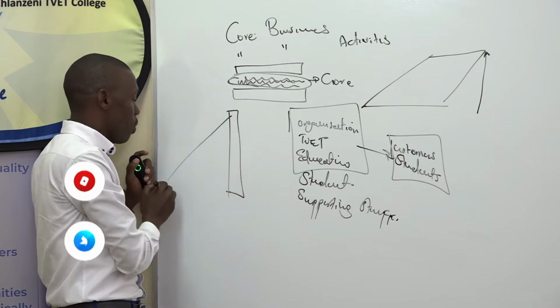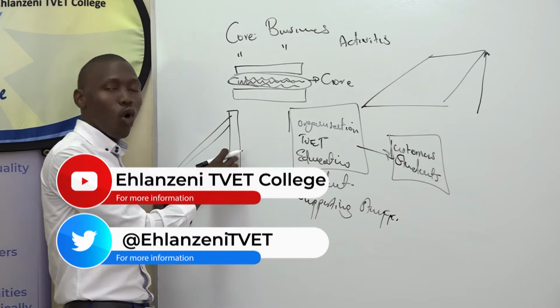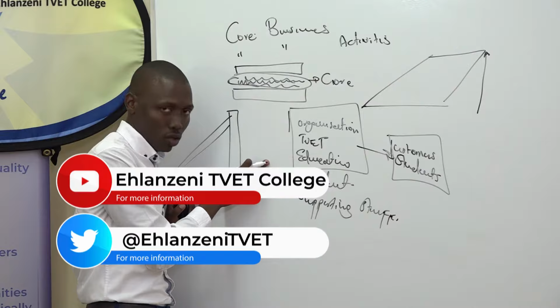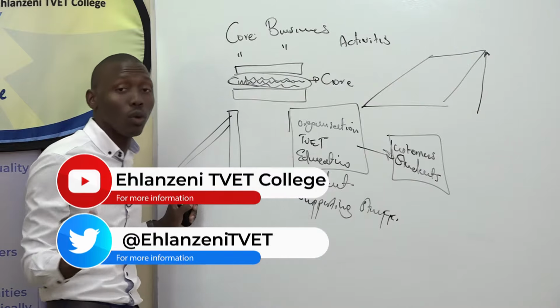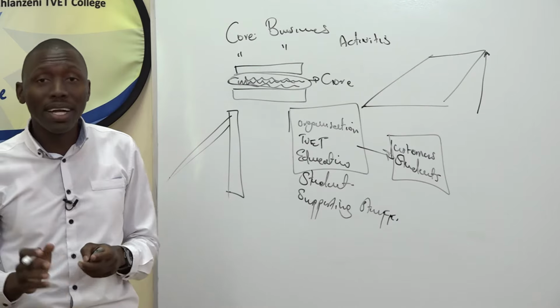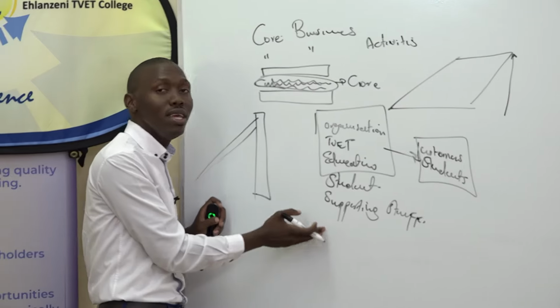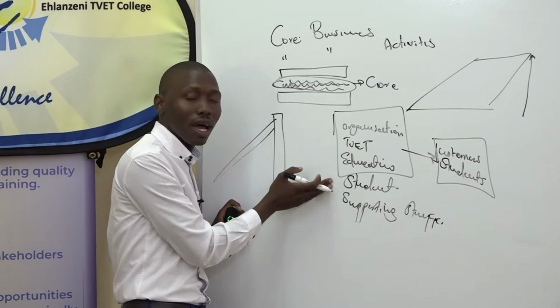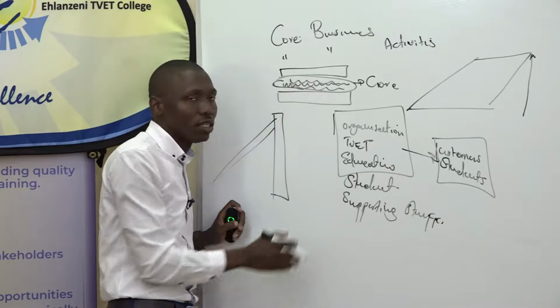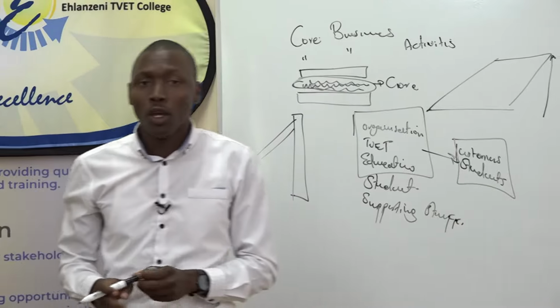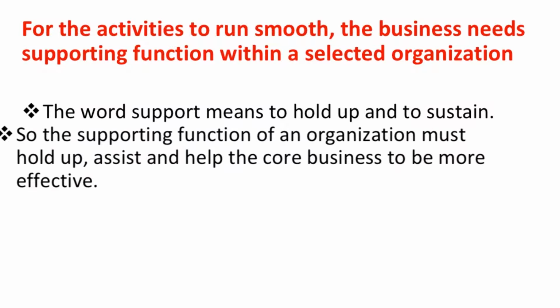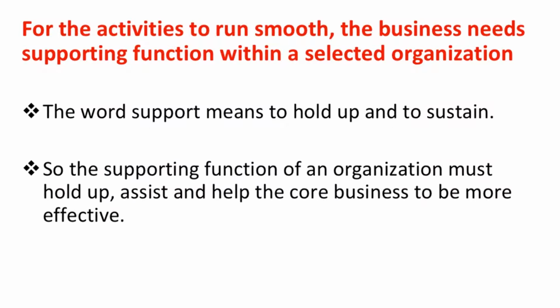Normally you find another one trying to hold this up or sustain it so it does not fall. That is what we call support. But in an organization, we aren't going to find such things. Then we need other functions that are going to assist the organization to achieve its core business. So the supporting function of an organization must hold up and help the core business to be more effective.